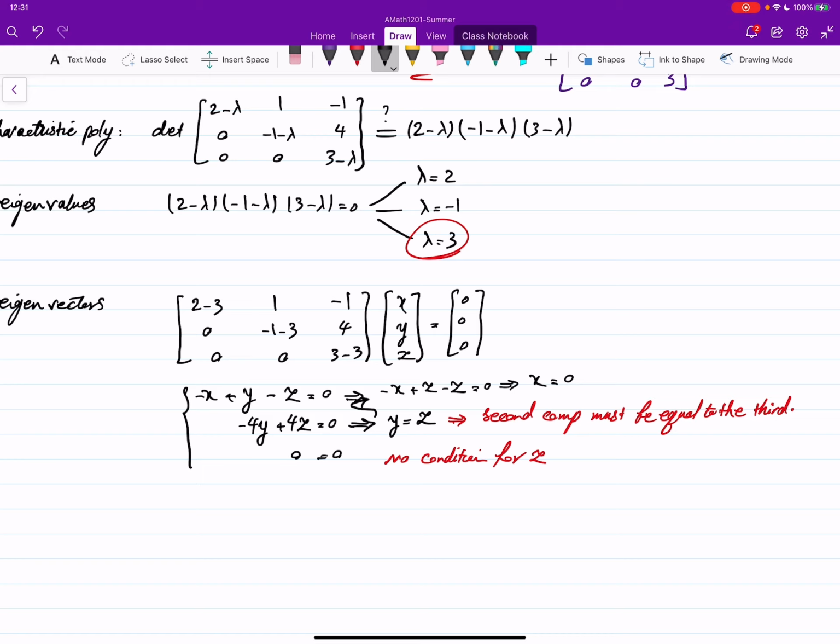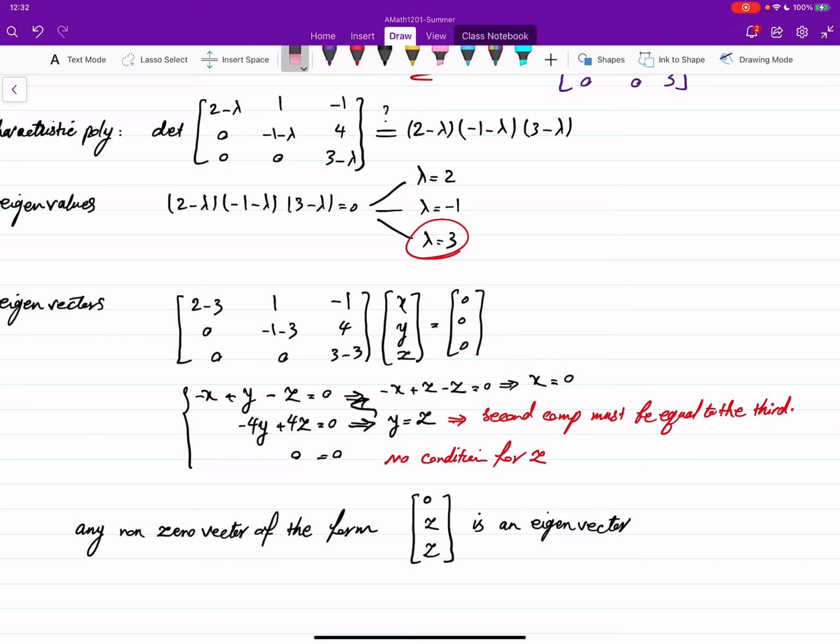So what we found, any non-zero vector of the form, the first component 0, second component and third component equal, is an eigenvector associated or corresponding to lambda equal to 3.